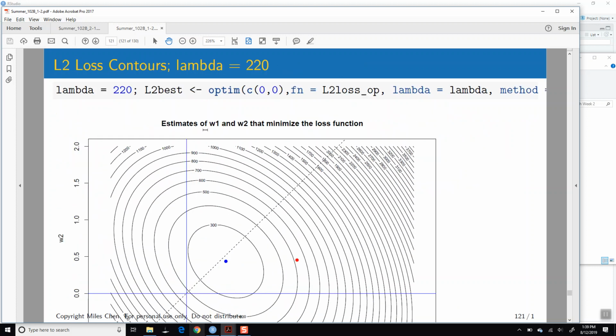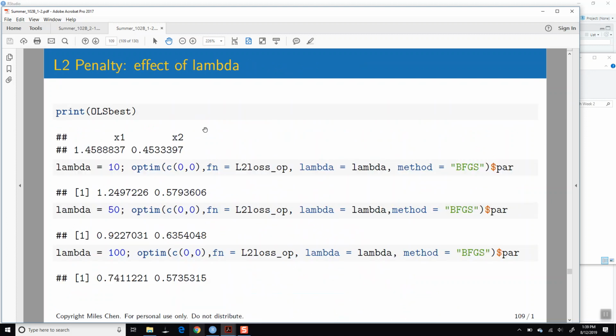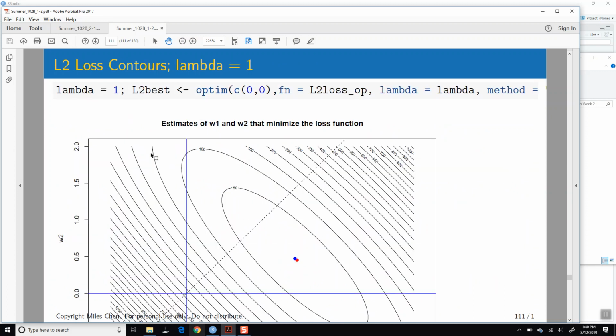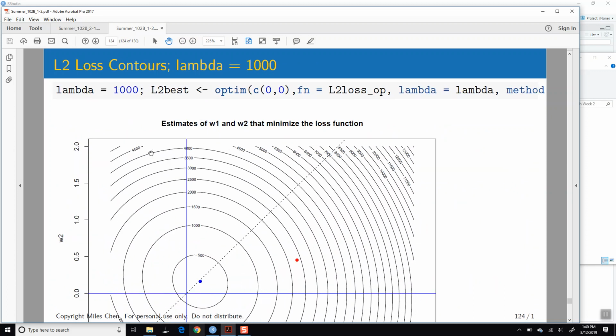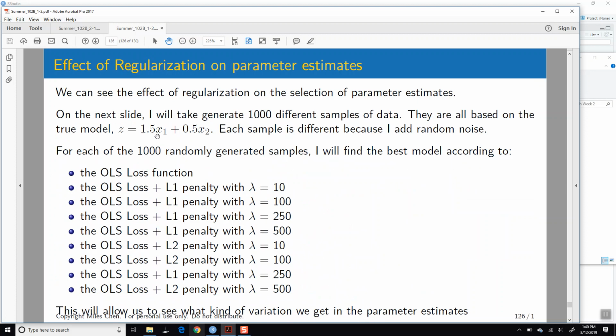And we saw that for our original example, our values just from OLS and our sample, we got 1.458 and 0.4533, which is close to the true values of 1.5 and 0.5, but they are a little bit off.